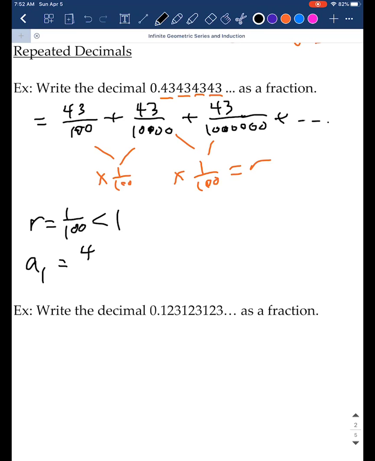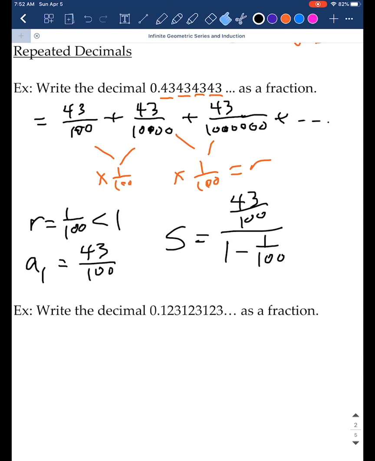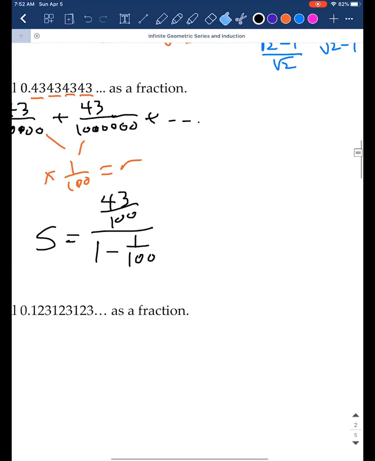We know that a sub 1 is 43 over 100. So then our sum is going to converge to 43 over 100 over 1 minus 1 over 100. So this is actually going to work out pretty nicely.